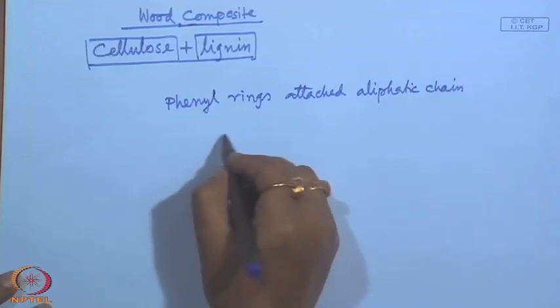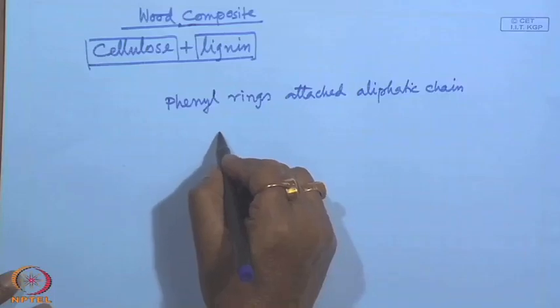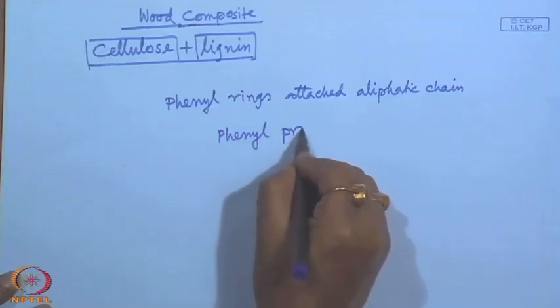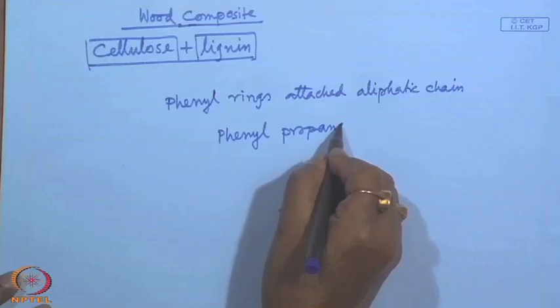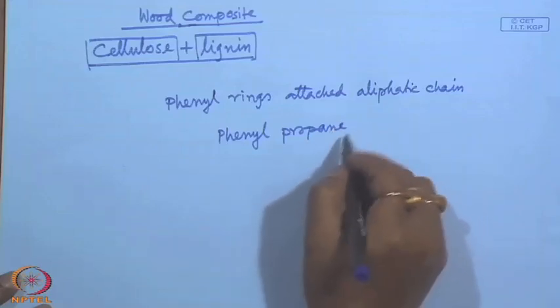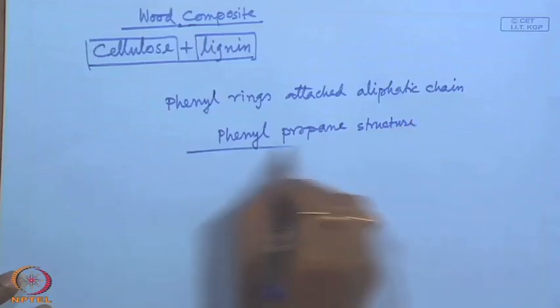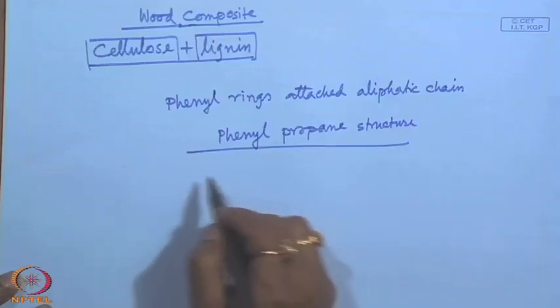Basically, these are derivatives of the phenyl propane unit, the phenyl propane structure, and that is a giant molecule.